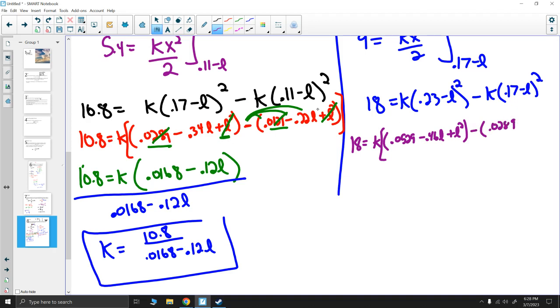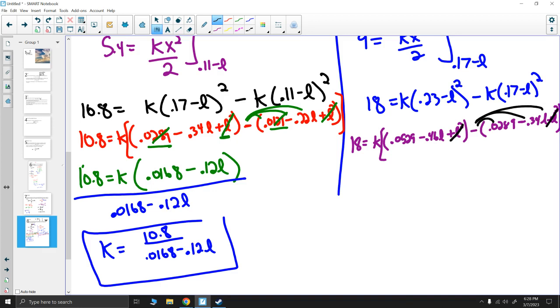I guess I already did that. Minus 0.34L plus L squared. Okay, so same thing as before. L squared minus L squared cancels as this distributes.